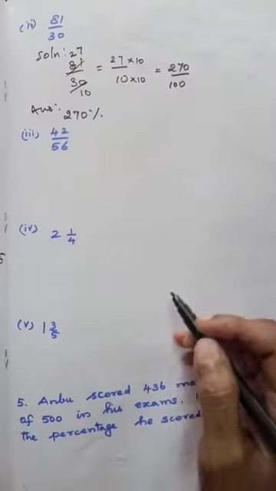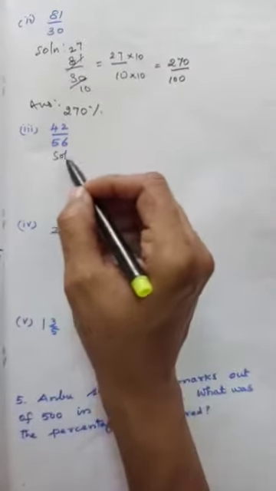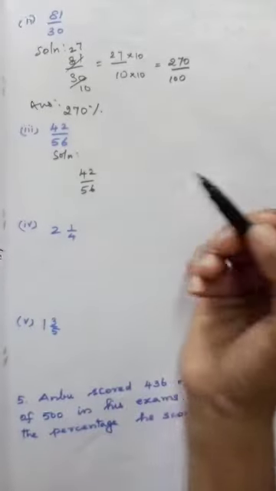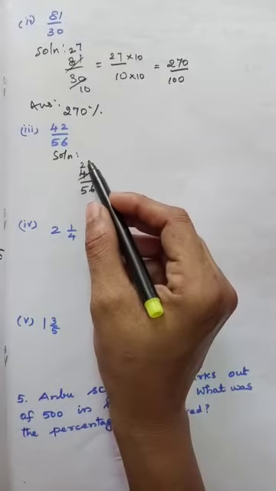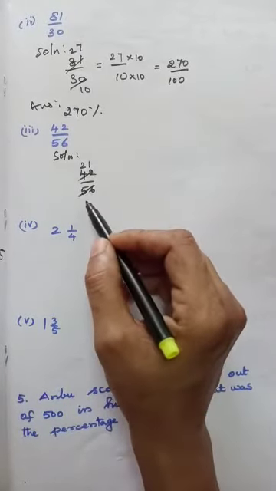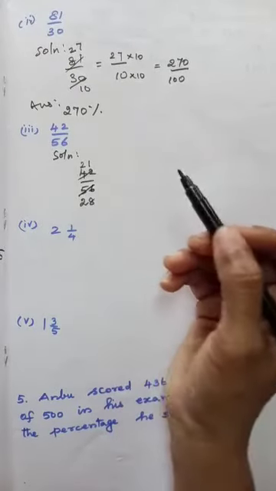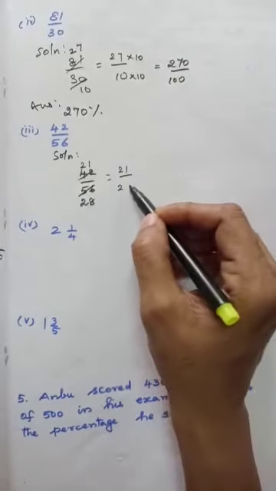Then the third problem, 42 by 56. If you can cancel, you can cancel. By 2 table, 2 times, 1 times, here by 2 table 2 times. Here 1 remainder 16, 8 times. So 21 by 28.